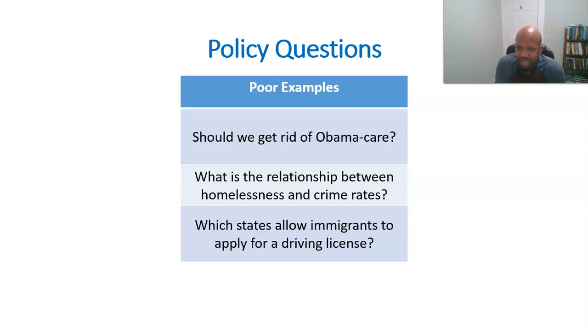Which states allow immigrants to apply for a driver's license, right? All you have to do there is collect the 50 positions in the United States and draft that up fairly quickly. So again, it really doesn't get to the problem or solution. And most of our policy analyses are solution driven.